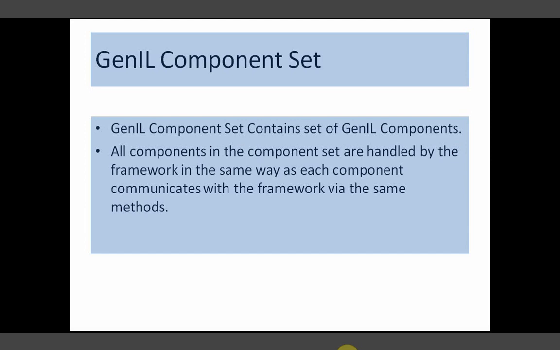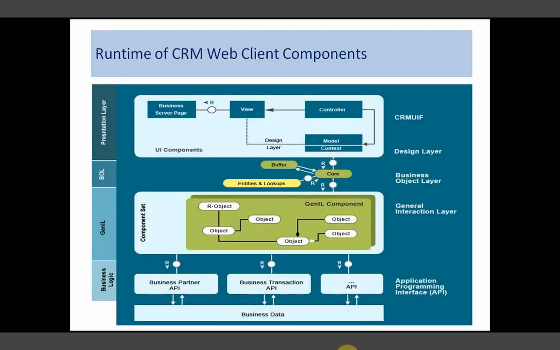That's why there are a lot of things which are handled by the framework. Here it says the communication between the components and the component set is handled by the framework. The component set contains a group of components, and the communication between the component set and the components is handled by the framework.